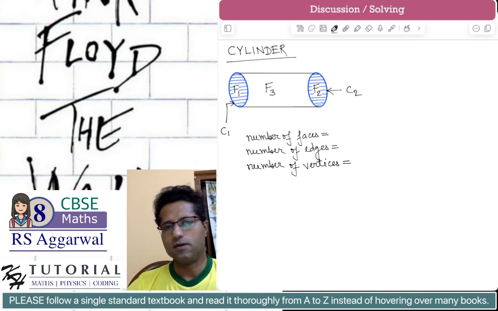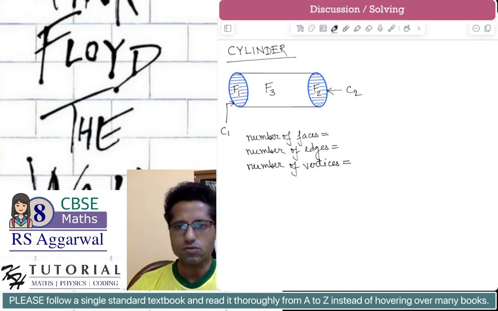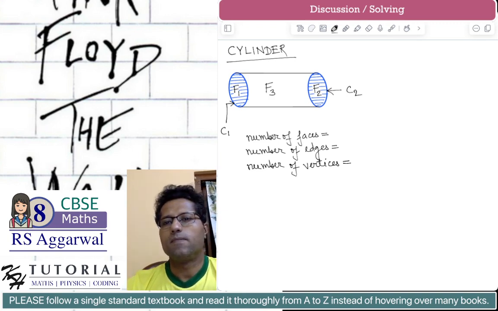If you consider the two blue regions, like ovals, the circumference of each oval is the edge. There are two oval regions, F1 and F2, and their circumferences are the edges, and they are curved.